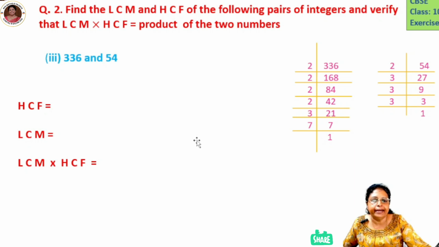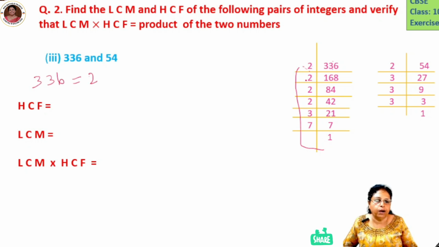Find the LCM and HCF of the following pairs. Same question, we are doing the next one, that is 336 and 54. Here also, for finding LCM and HCF, we have to factorize it. So 336 can be written as 2 raised to 4 times 3 times 7.